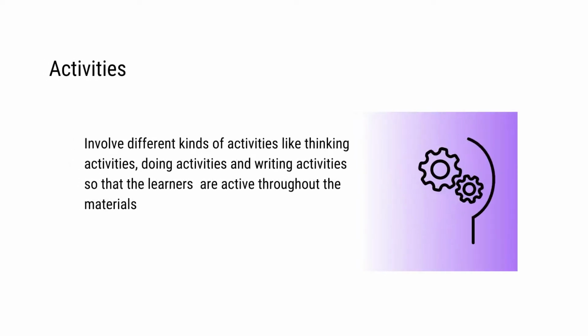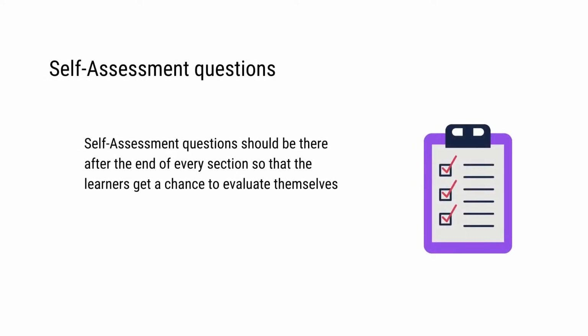Then we have activities. A lot of activities should be there, because self-instructional materials should be active. They should involve different kinds of activities. They should involve doing activities, writing activities, and thinking activities, so that the learners are active throughout the materials. And self-assessment questions should be there at the end of every section.